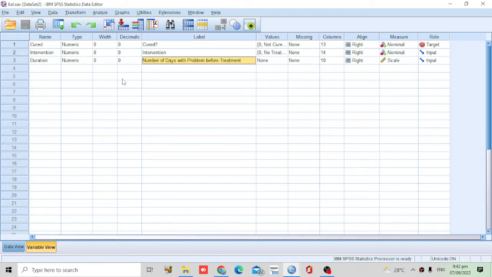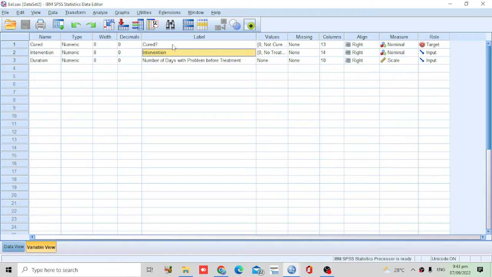So in this case study, they want to determine whether the intervention factor and number of days with problem before treatment have an impact on a patient being cured or not cured.